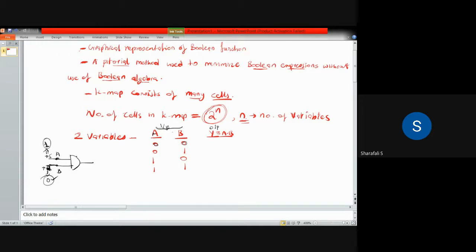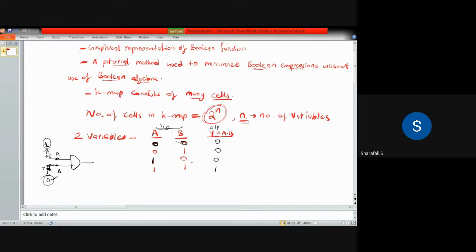So when you are giving 1 here, it means your terminal A is at high potential as compared to B. When you have these different combinations 0-0, 0-1, 1-0, 1-1, correspondingly we will get some output here. In this case A dot B will come here, so the output is 0-0-0-1.